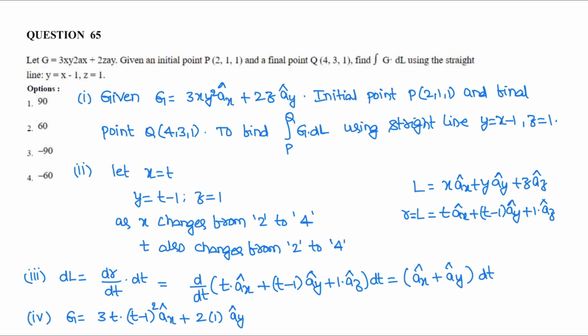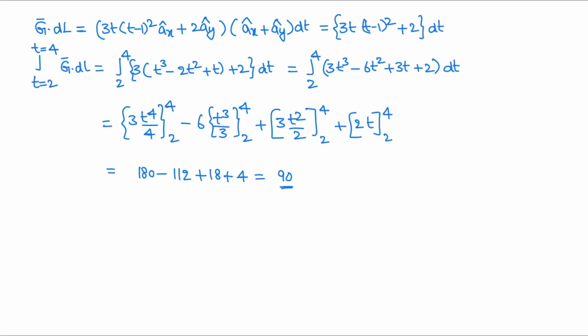Therefore dl by dt is ax cap plus ay cap. After calculation, dl will become (ax plus ay cap) into dt. Now replace the values of x, y, z with t, t minus 1, 1 in the given expression G. Then G bar dot dl bar is (3t(t minus 1) square plus 2) into dt.